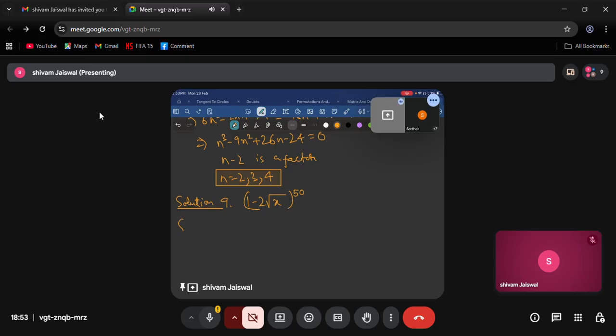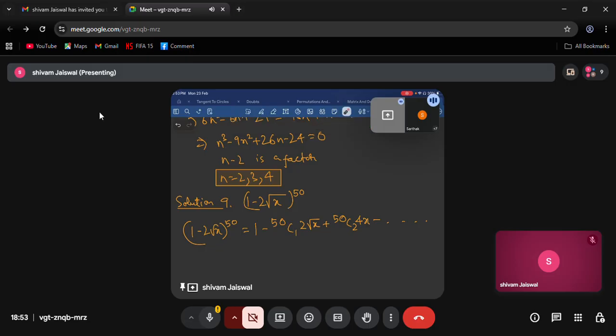So what is s? s is equal to 1 minus 50c1 into 2 root over x plus 50c2 into 2 square, that is 4 into x, plus dot dot dot, minus dot dot dot dot.